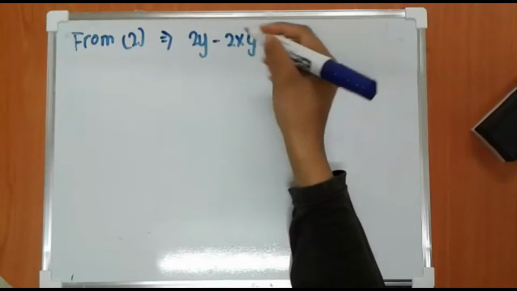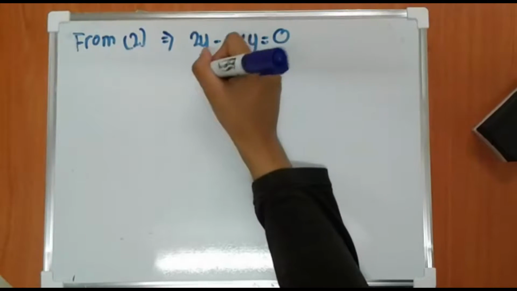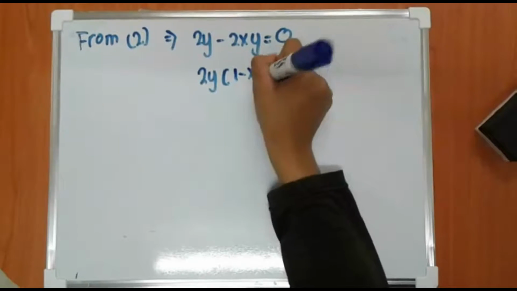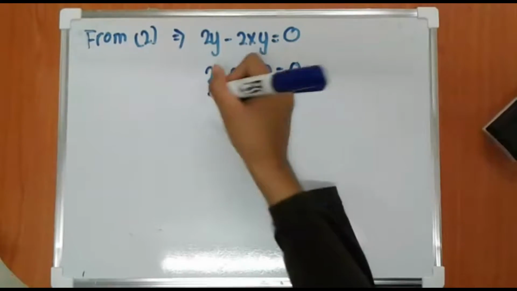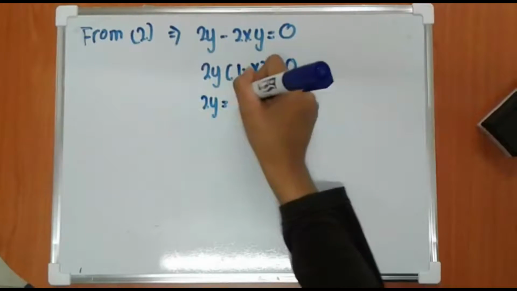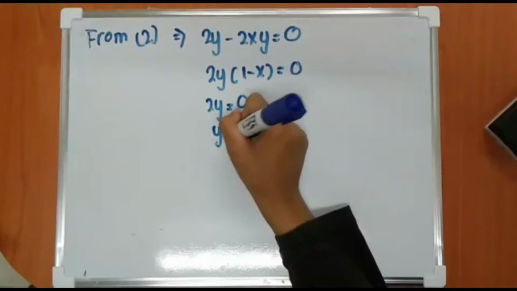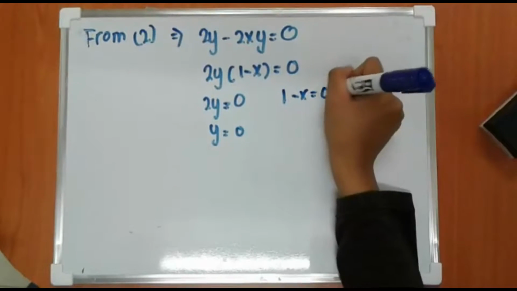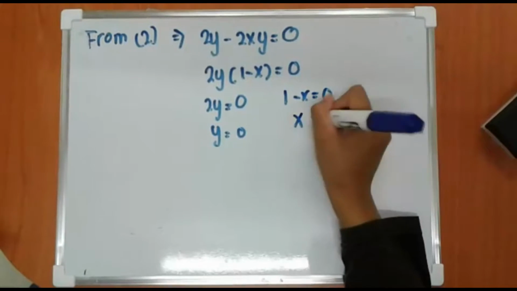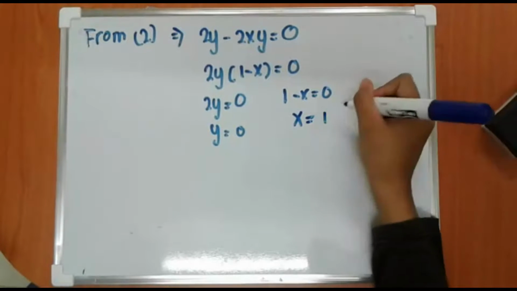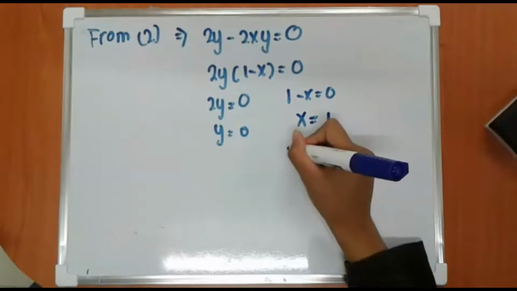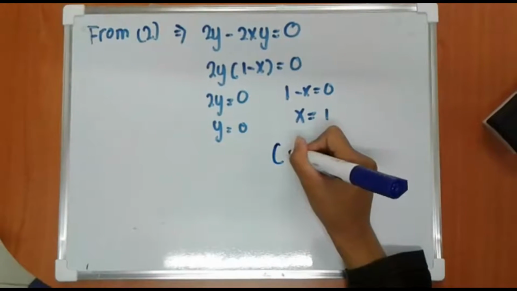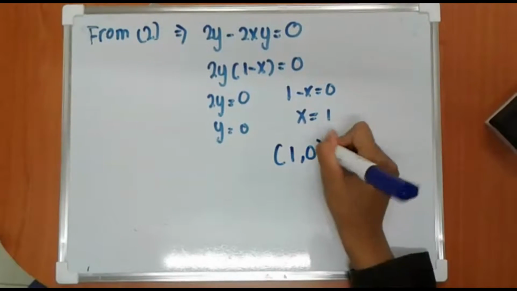From this, we can factorize 2 and y, and it will become 2y(1 - x) = 0. So 2y = 0 and y = 0. So 1 - x = 0, and x we will get 1. So we will get the x and y points, which are 1 and 0.